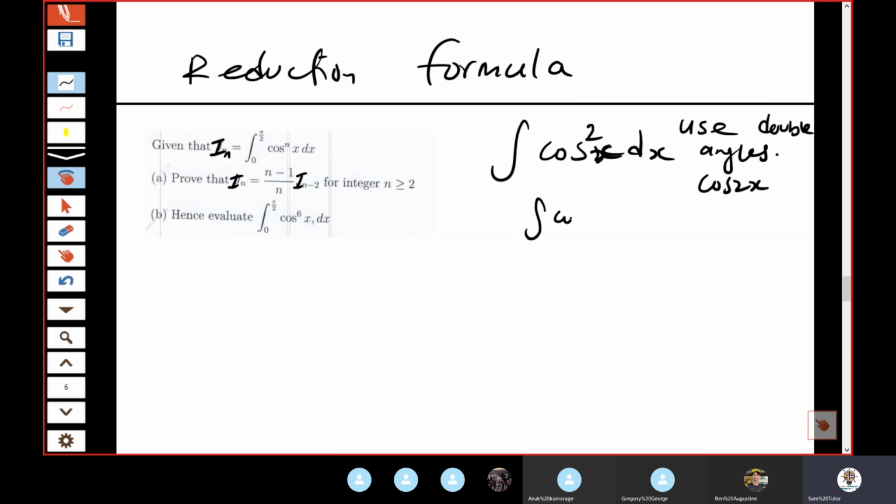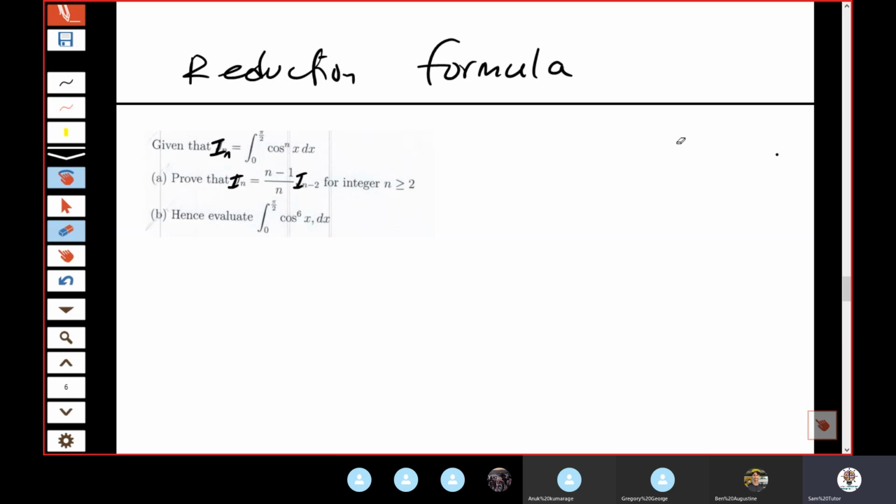But then what about if I had cos cubed? What if I had cos to the power of 4, 5, 6? What are you going to do? There aren't any more formulas that you have to keep learning. That's when the reduction formula comes in. We can get any power of n. I can find it for 1, 2, 3, whatever you want. You want 20, we can do it. But first, we've got to create the formula.